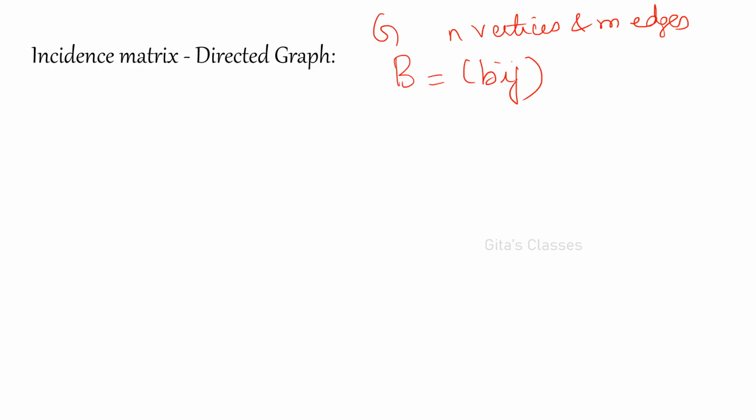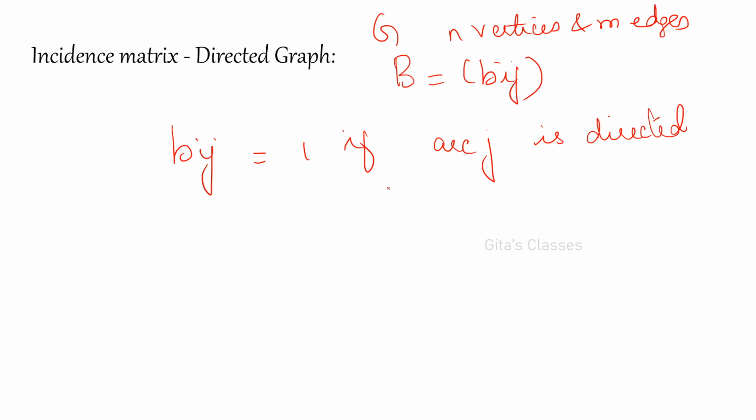Here you will have 3 values. Bij is 1 if arc Ej is directed away from a vertex Vi. That is outgoing means 1. Incoming is -1. Remember like that.